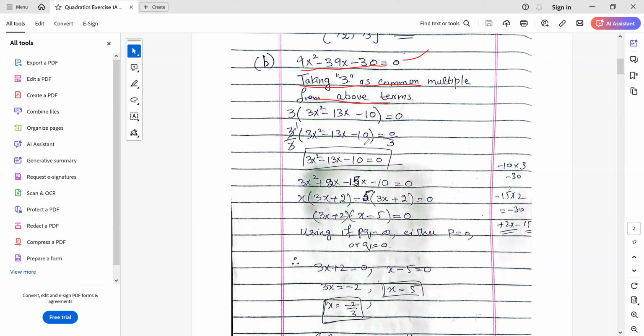Okay, and this is reduced to a simple quadratic equation, and the same technique is used here. Everything is written here.